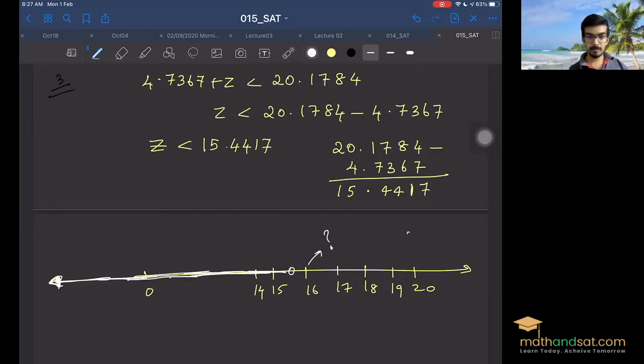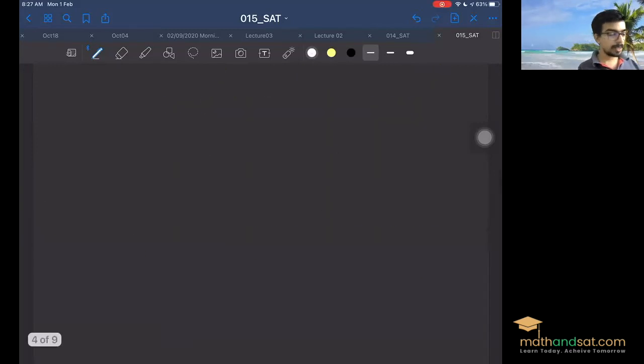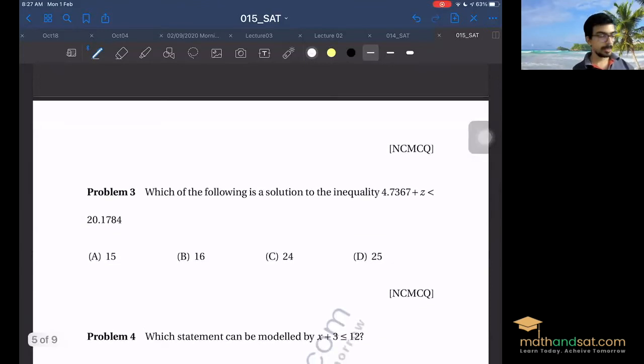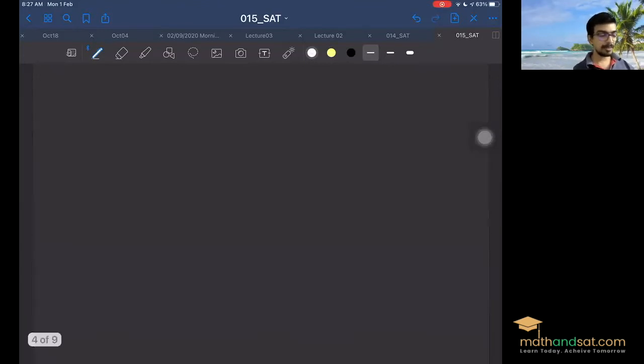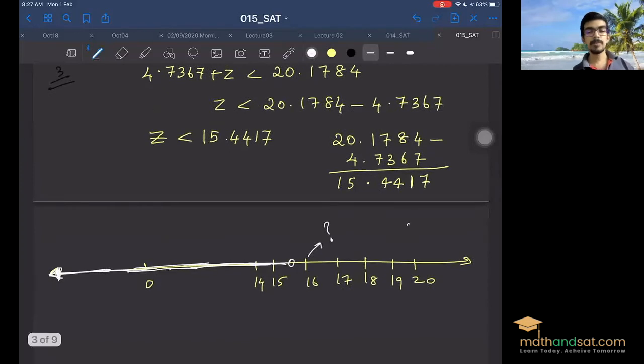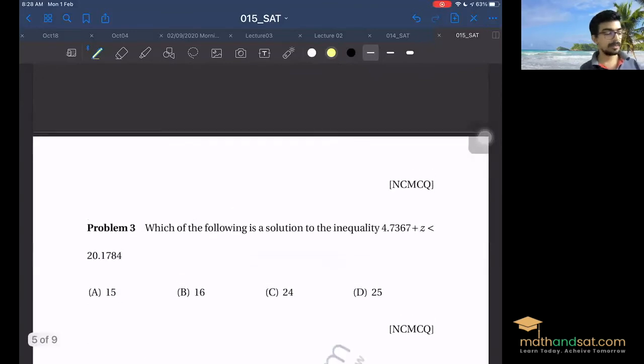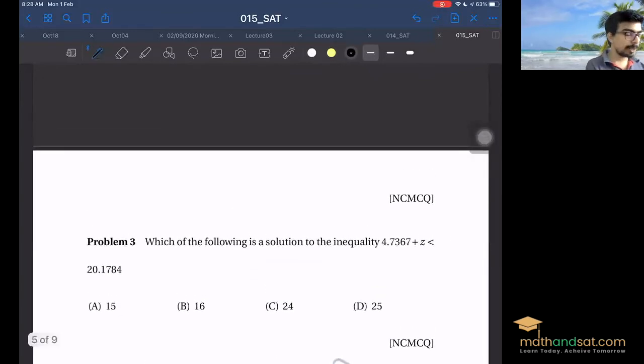No, it doesn't, right? And what about the other numbers, 24 and 25? No, they don't. The only number in the options that falls in the solution set is 15. 15 is the right answer. Got it?